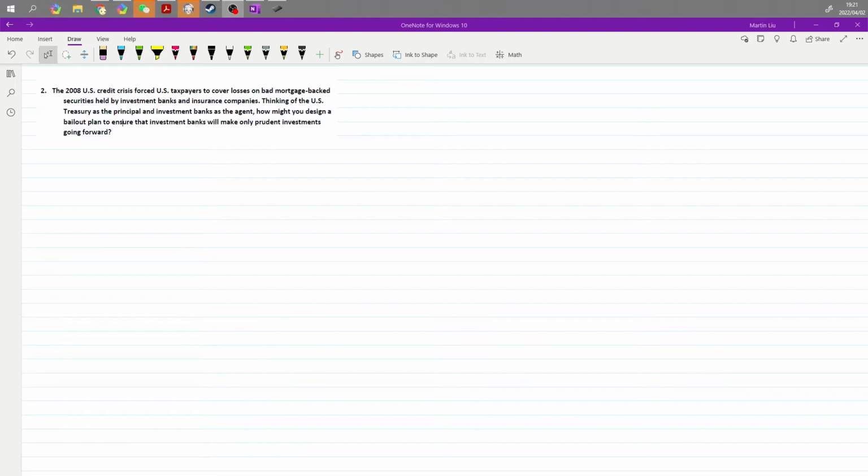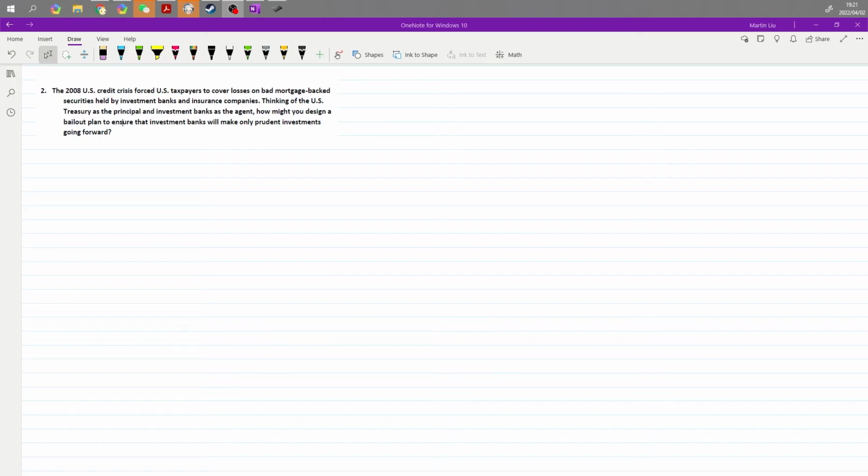The 2008 US credit crisis forced US taxpayers to cover losses on bad mortgage-backed securities held by investment banks and insurance companies. Thinking of the US Treasury as the principal and the investment bank as the agent, how might you design a bailout plan to ensure the investment bank will make only prudent investments going forward?